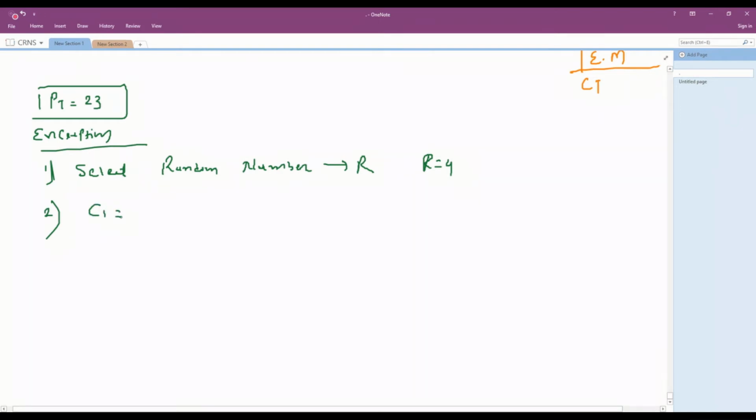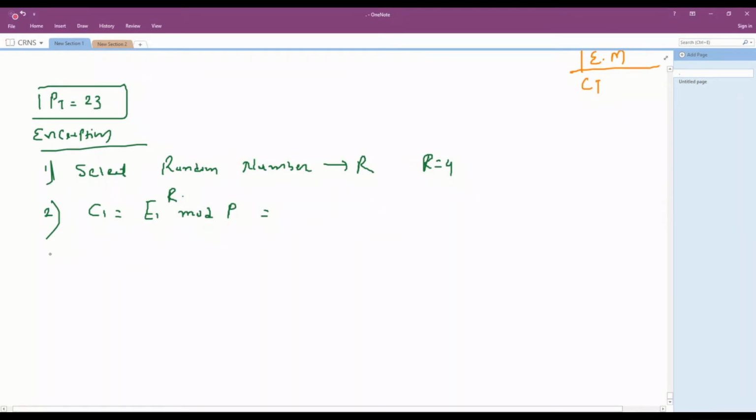So C1, C2 you will be getting. So equation of C1 is E1 raised to R mod P. So do I have the values of all the things E1, R and P? The R I just assume, E1 and P we already have assumed during the key generation. So just put down the values and let me know the value of C1.